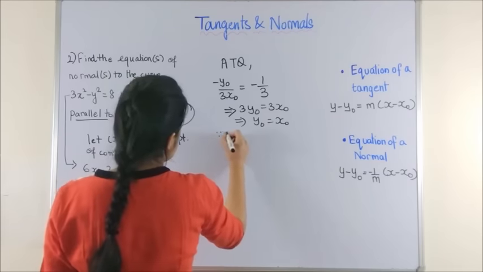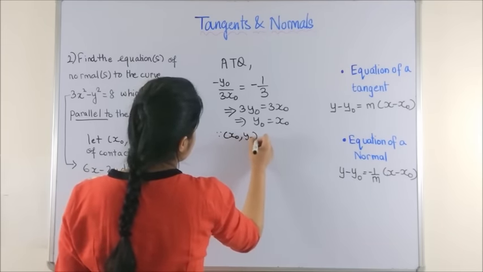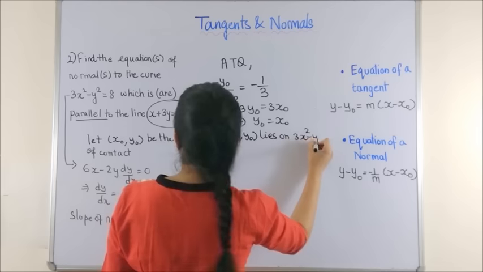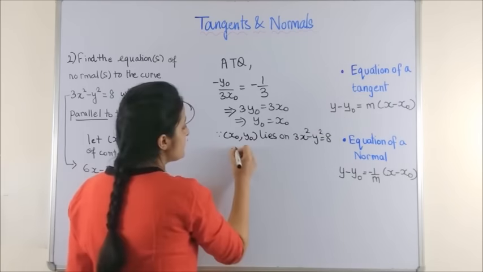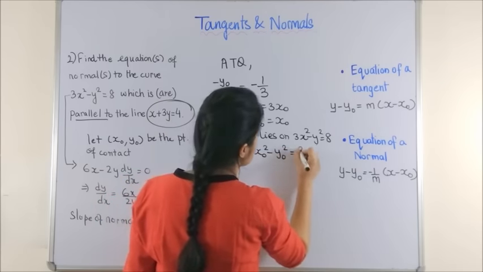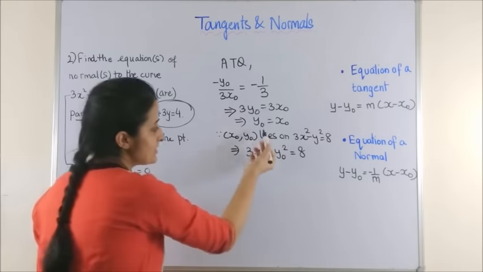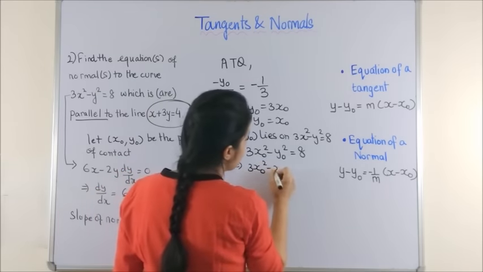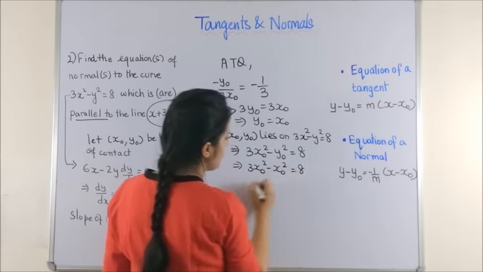So, we would say since x naught, y naught lies on 3x square minus y square is equal to 8, this implies 3x naught square minus y naught square is equal to 8. Now, let's start putting the value. We get 3x naught square minus x naught square is equal to 8.